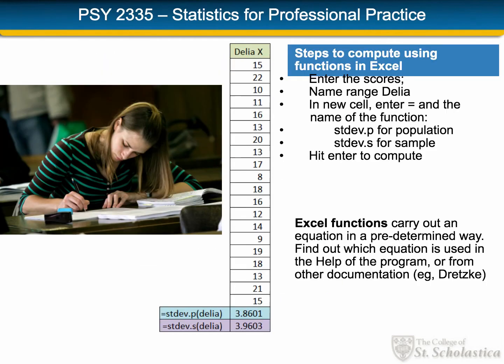As you might imagine, Excel has built-in functions so that instead of going through all of the steps to compute the variance or the standard deviation, we can get there all at one time by using one of the functions. So the steps that we would use to do that would be to enter all of the scores. You can see I've done that for Delia. And I do like to use the named ranges.